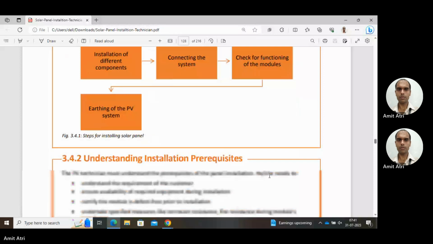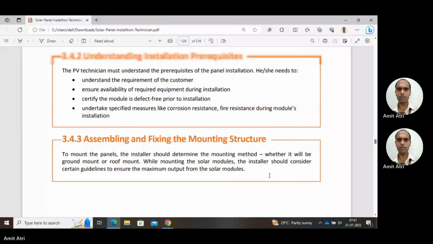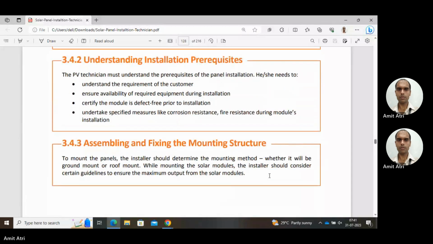Our system. Now next, we come to understanding installation prerequisites. What are the prior requirements for installation? Prior to installation, this is from the technician's point of view, the installer who is performing this task.